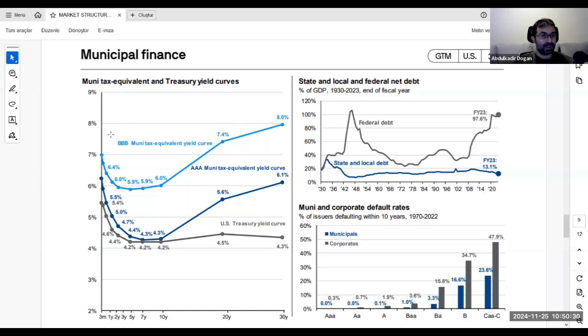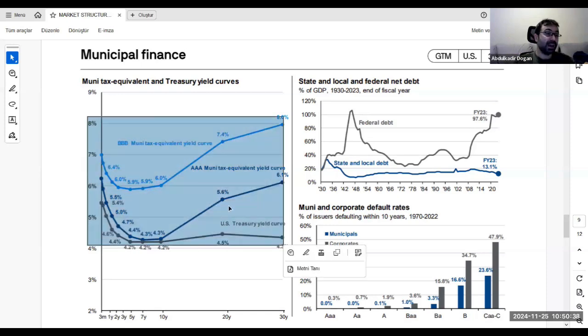And here, as you see, these are BBB municipal government bonds, and their return is here. They have higher return because their risk is higher than the government, right? Government is almost there, but municipalities can change between the parties and the people. For that reason, the risk is higher there and the return is higher there.